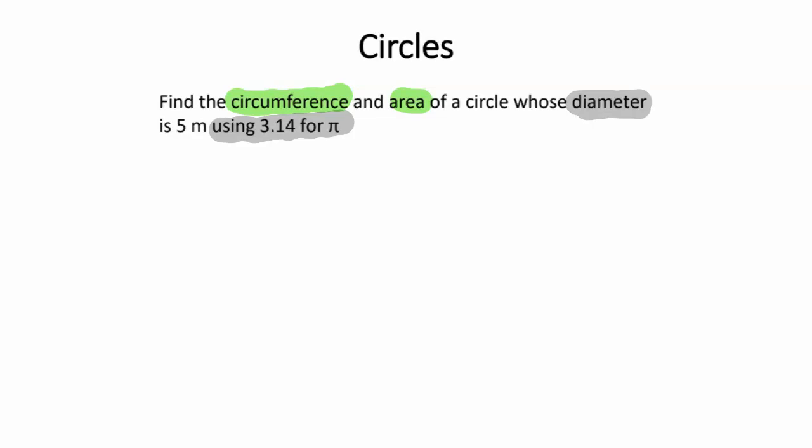Well, if you remember the formula, circumference is equal to the diameter times pi. Diameter times pi.